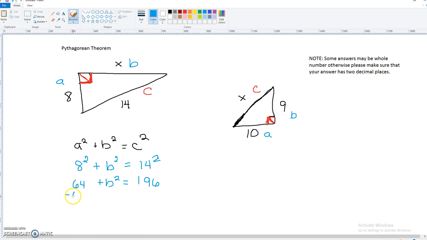Okay, so we're going to subtract 64 on both sides because we're solving for B. 64. I don't know why I wrote 16. Okay, so subtract. That gets us 132 equals B squared.